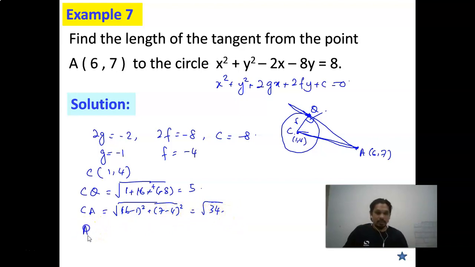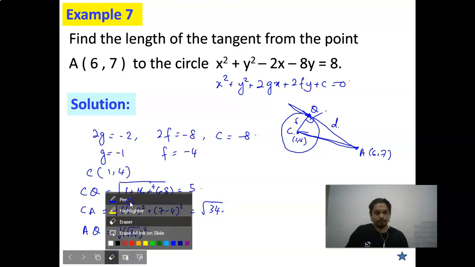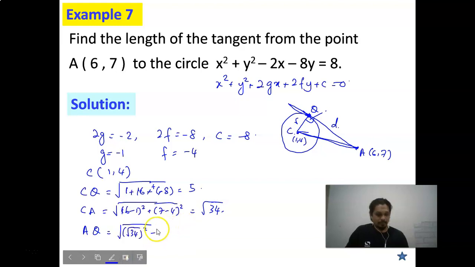So then, A to Q. This is the D that we're looking for here now. The D from this Q to A. And it is square root of square root of 34 square here, minus 5 square.